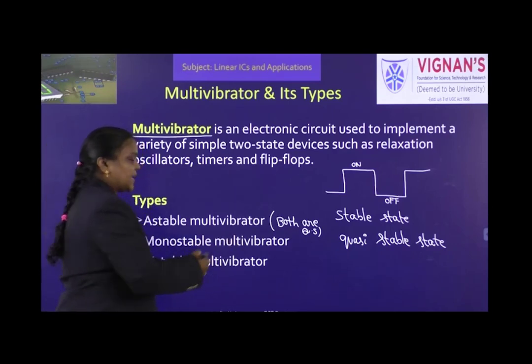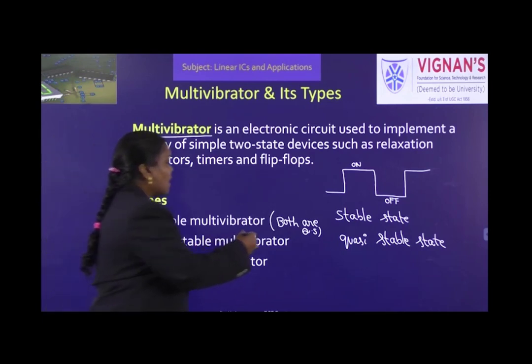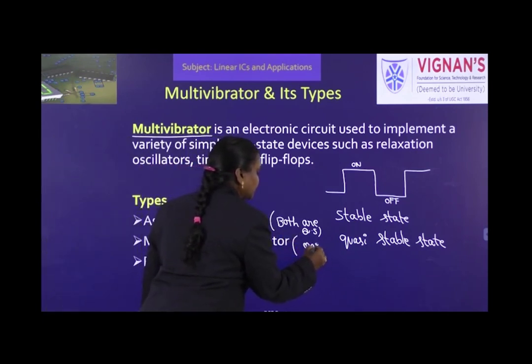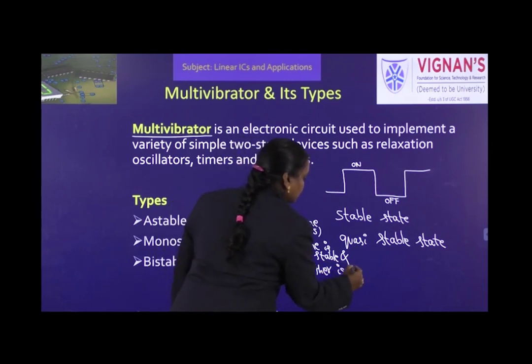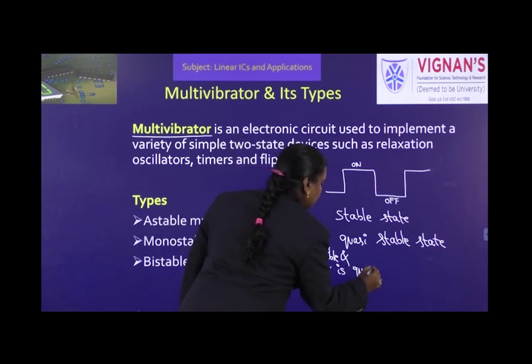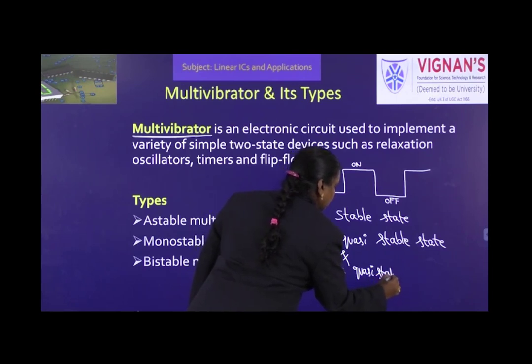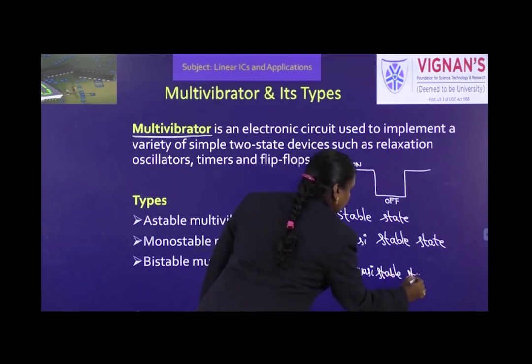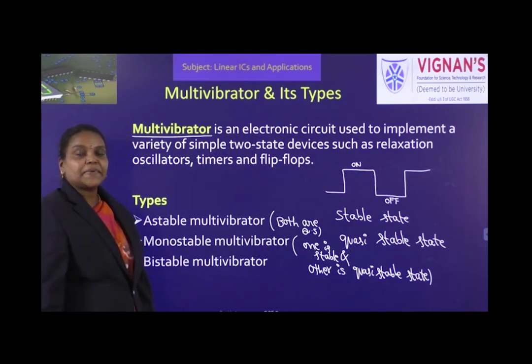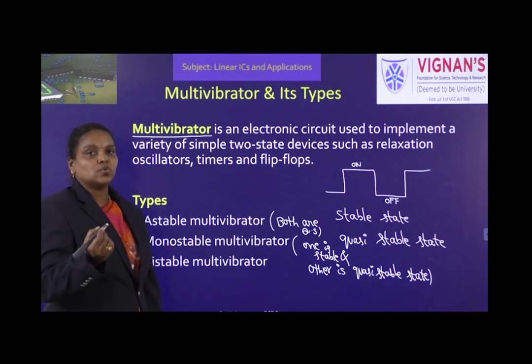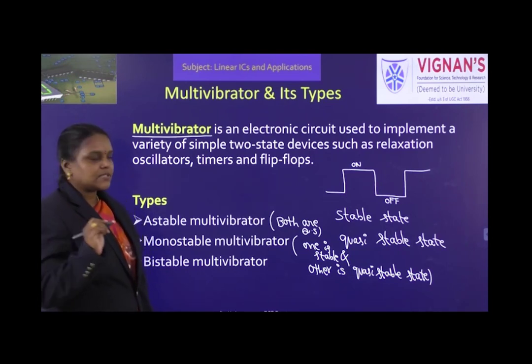And in the monostable multivibrator, mono means one. So one is a stable state and the other is quasi-stable. And coming to the bistable multivibrator, bi means two, so both states are stable states.